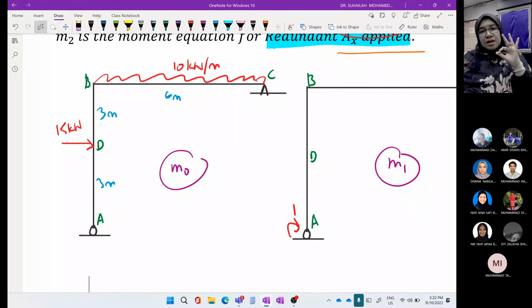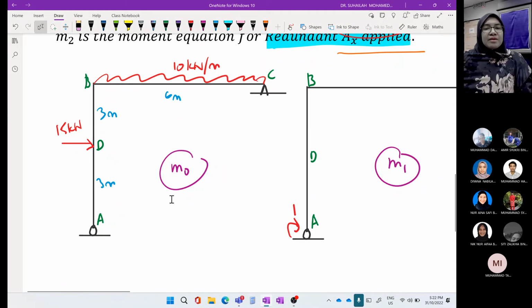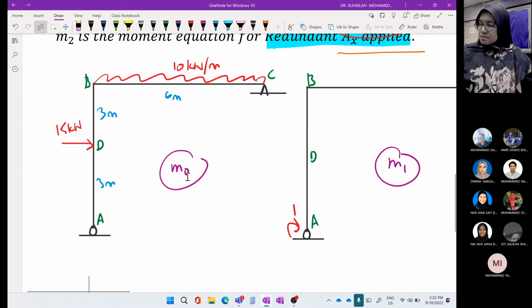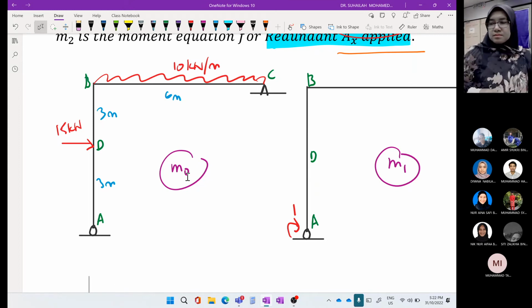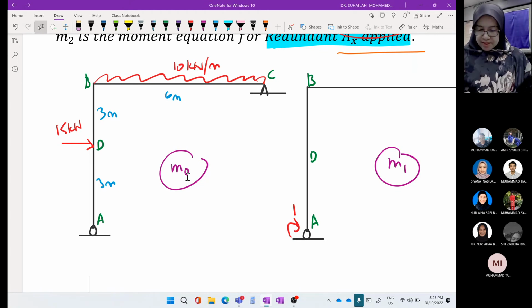These are the three important things in structural analysis. So calculate the reaction for all these frames. Take about 5 minutes to calculate the reaction. We start with the primary frame. Okay, please calculate the reaction.